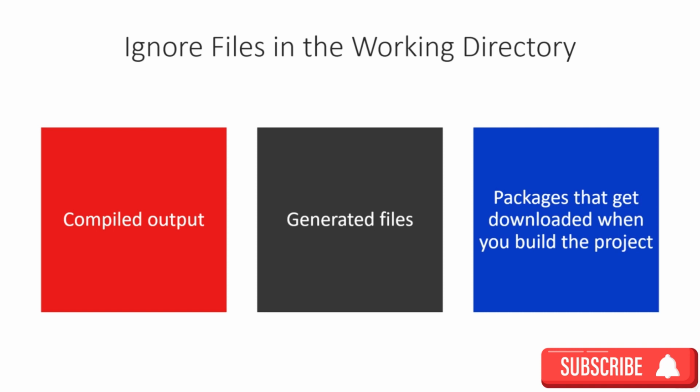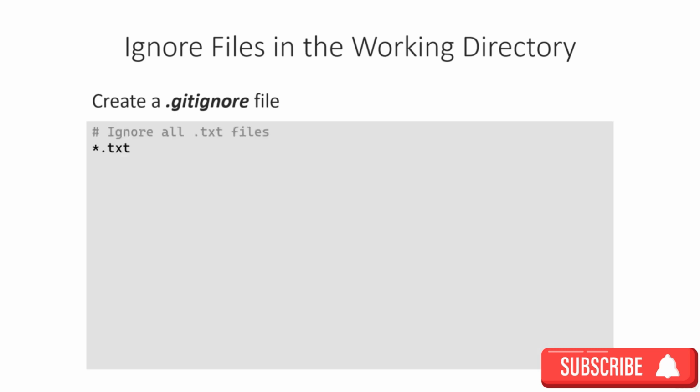To ignore all these things that you don't want to commit, you can create a so-called git ignore file. You put this file in your working directory. Let's take a look how to define the content of such a file. With star.txt, you can ignore all the text files in your working directory.